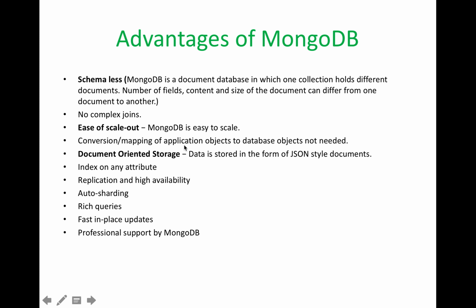Conversion or mapping of application objects to database objects is not needed. Document-oriented storage, where data is stored in the form of JSON-style documents. Indexing on attributes, replication and high availability, auto-sharding, rich queries, and fast in-place updates are supported by MongoDB.